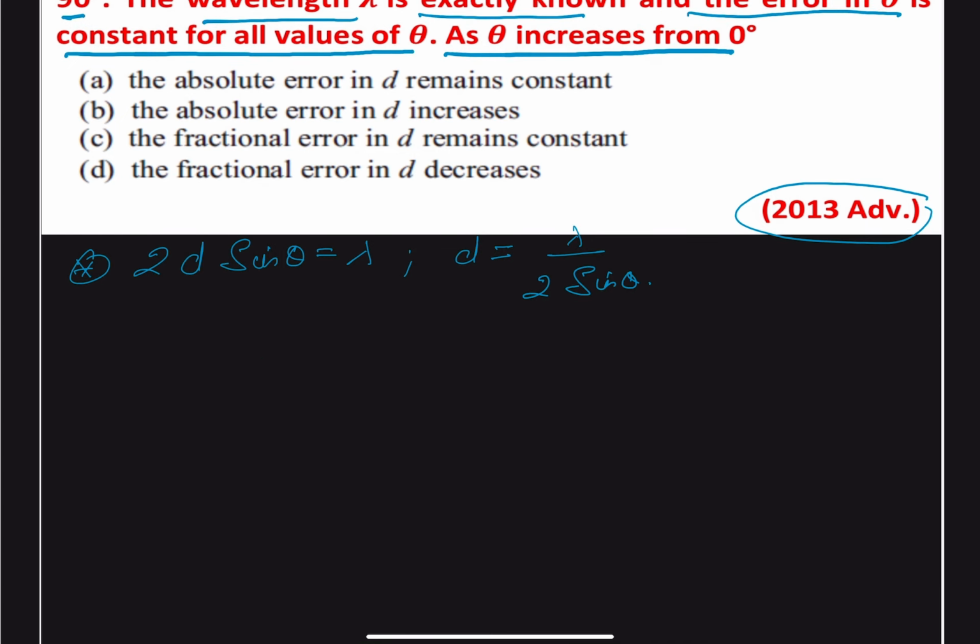We are going to differentiate it, so let's take natural log on both sides, which will clearly help us. So we get natural log of d is equal to natural log of lambda minus natural log of 2 minus natural log of sine theta.